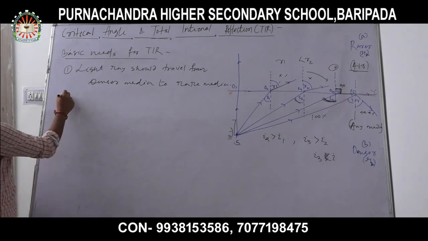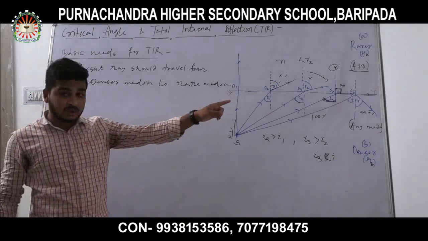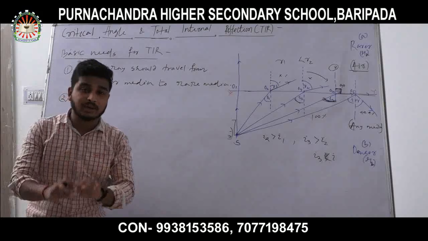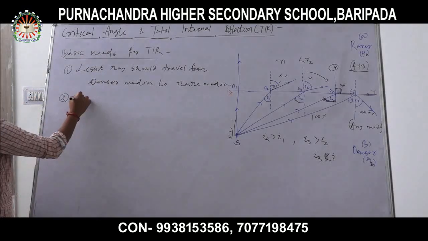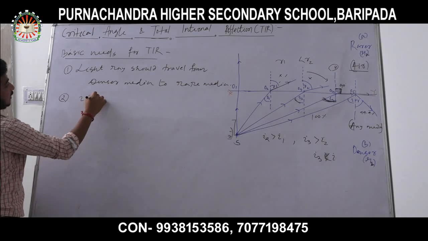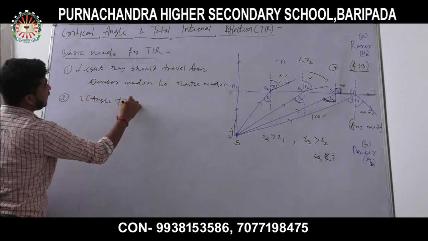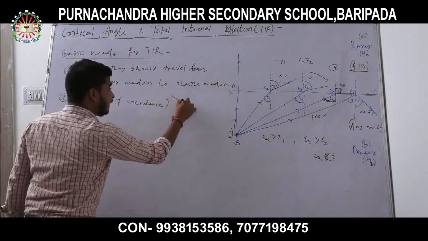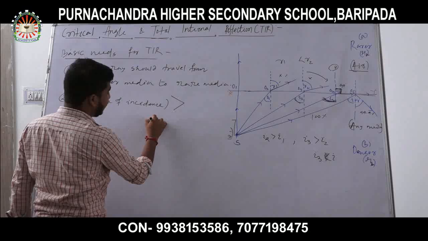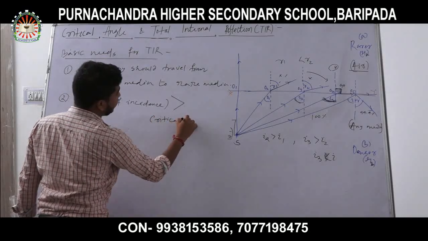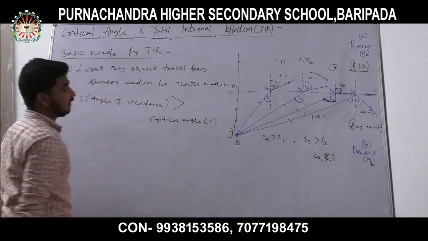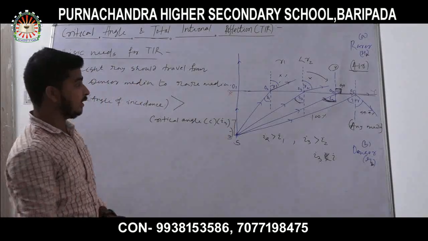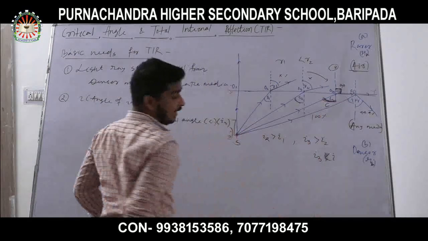The second condition is the angle of incidence. Look at angle I; this angle I is more than I3. For total internal reflection, the angle of incidence I should be greater than the critical angle C. Here in this figure, I3 has now become C, the critical angle.